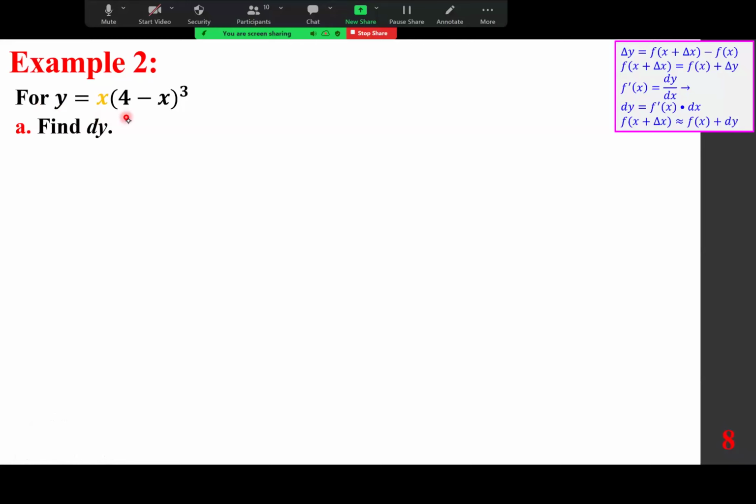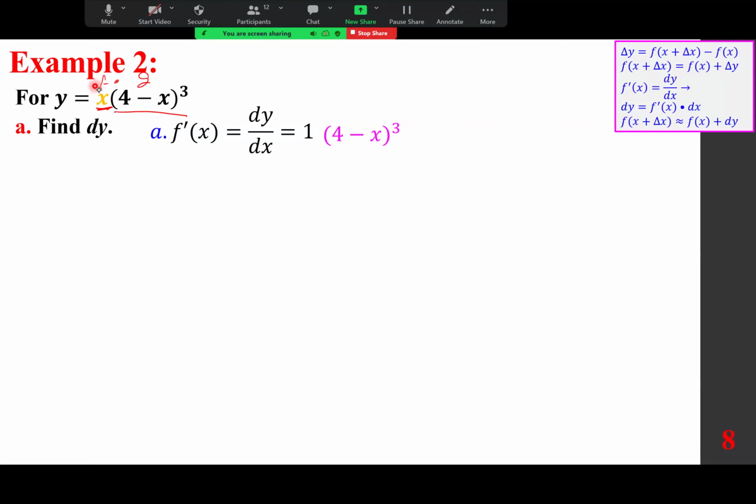For y equals x times 4 minus x quantity cubed, find dy. So simply put, you have to differentiate this, so that uses a product rule. So you need f prime, which is 1, times g, which is 4 minus x quantity cubed.